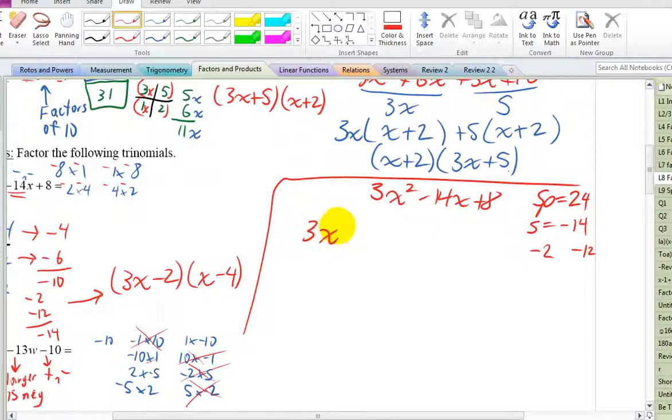So 3x squared at the front, plus 8 at the back. Now the minus 14x has to break apart. Any ideas on which one should line up with the 3? Should it be the 2 or the 12 that lines up with the 3? The 12. So negative 12x plus negative 2x.